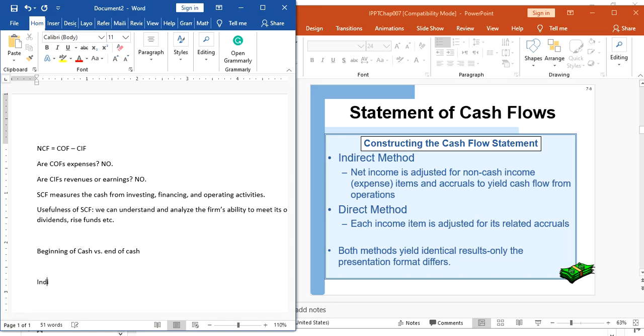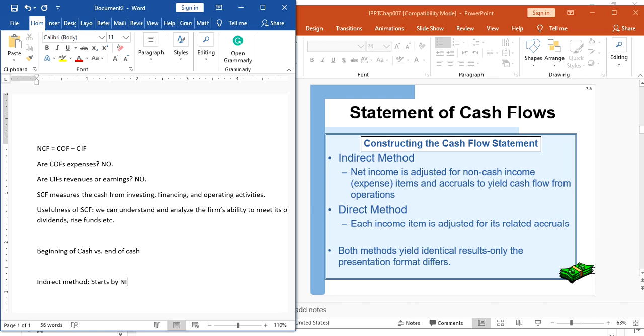We have the indirect method, and this method starts with net income.